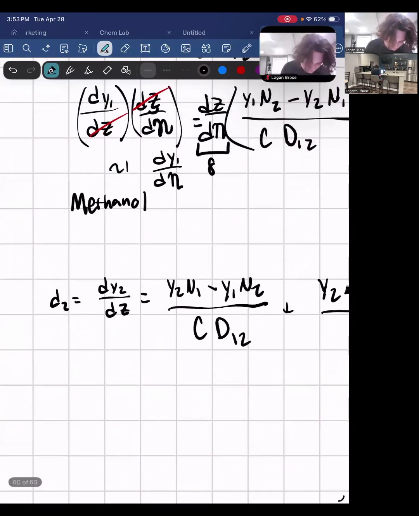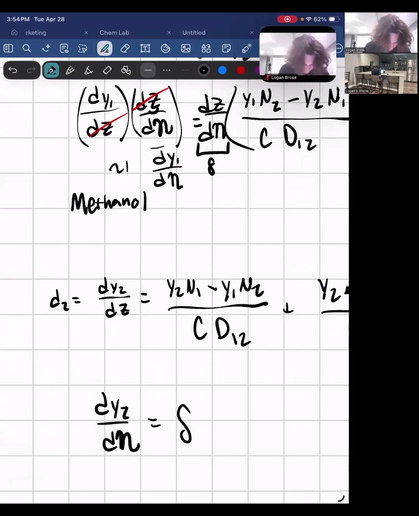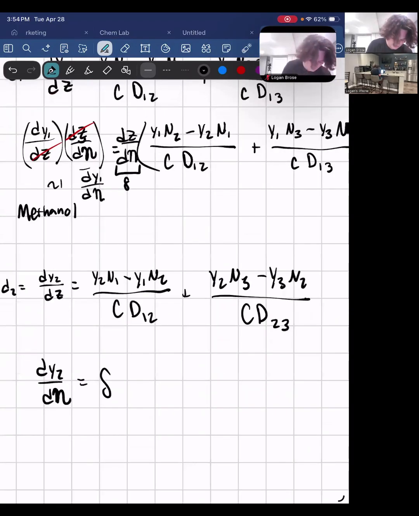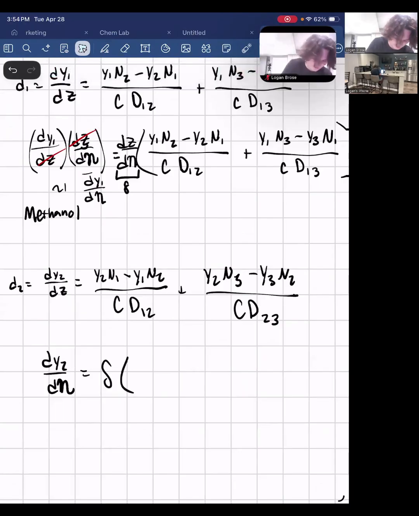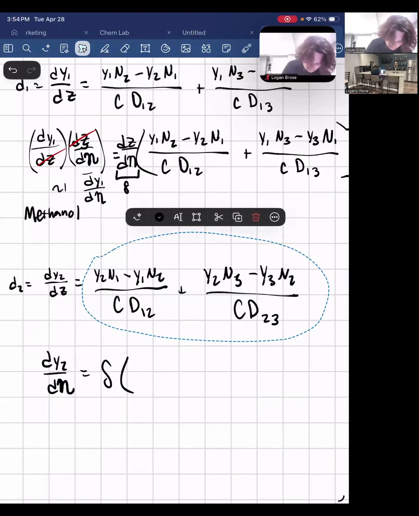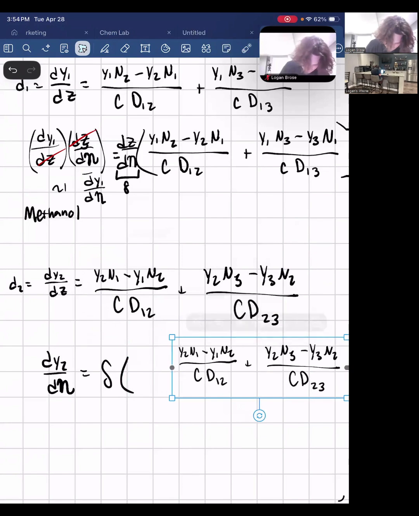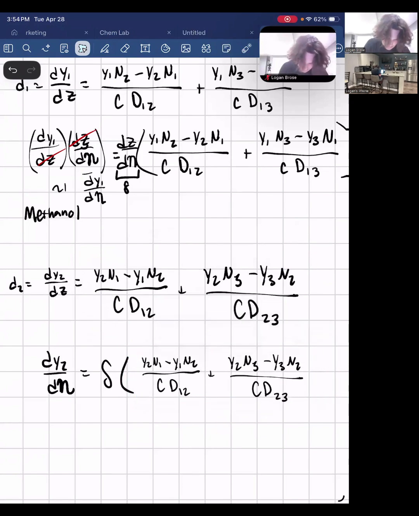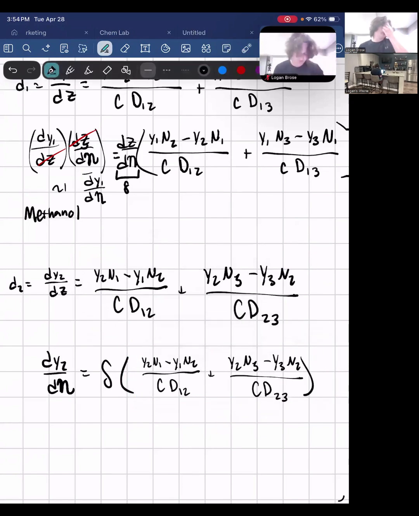Just multiply by the same thing we did up here. And so then we'll get dy2 over dn equals our delta times this value here. And we're looking at the same thing as the acetone.